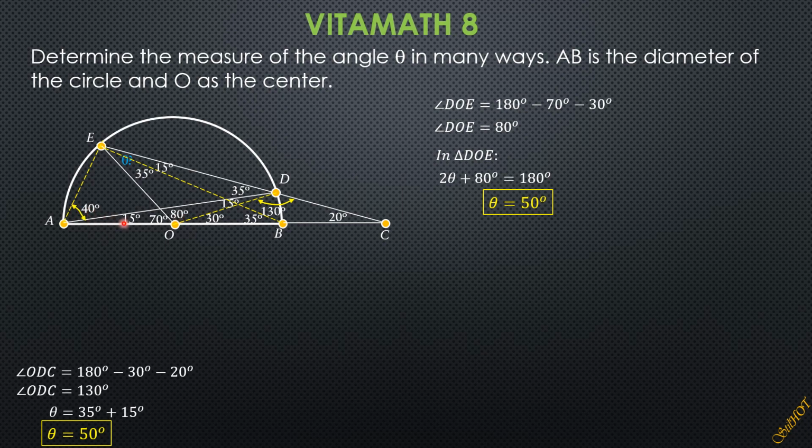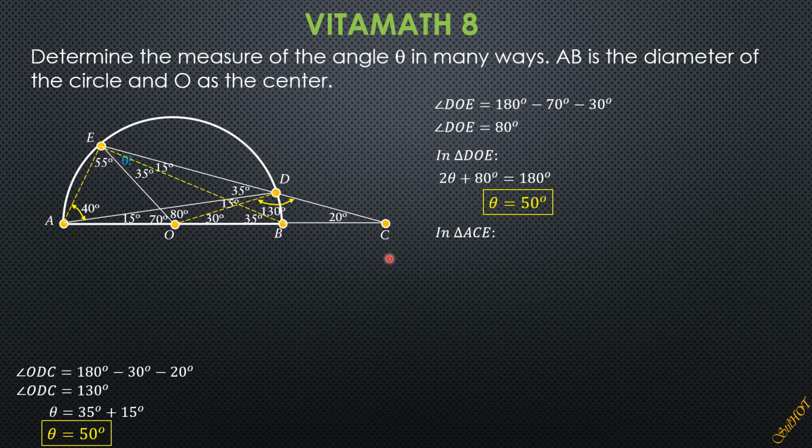And 40 degrees plus 15 equals 55 degrees, which we already solved in another way, that this should be alpha. 2 alpha plus 70 is 180 degrees. So 2 alpha equals 180 minus 70, so 110 degrees. So alpha is 110 degrees over 2, so 55. That's why this must also be 55, but there is already 15 degrees here, so 40 degrees. That's 55 degrees.